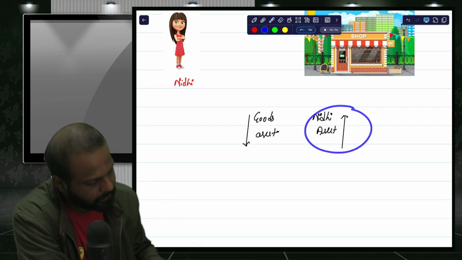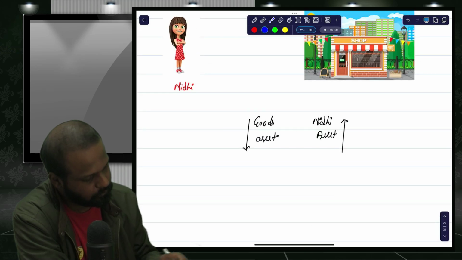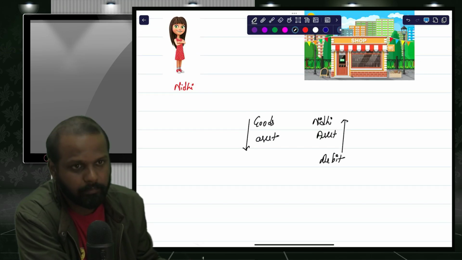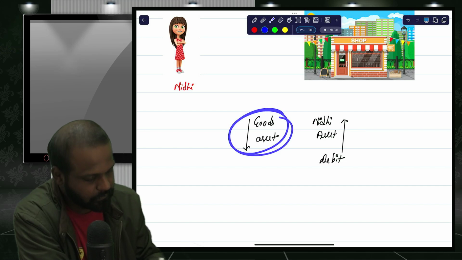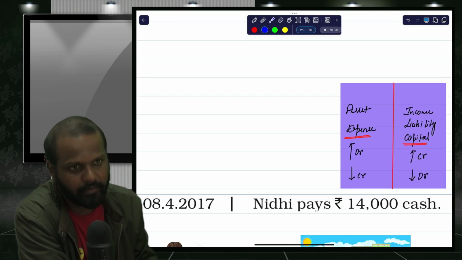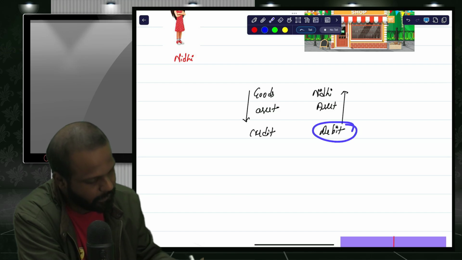So asset increases, we do debit. Next, goods is also an asset. It is decreasing. Asset decreases, we do credit. So debit will be Nidhi.